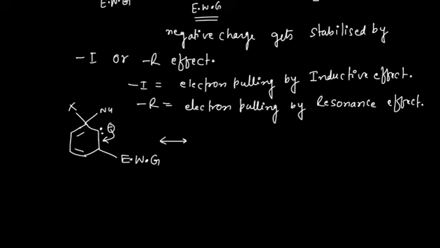Basically this bond should be here. So if I do this, we will have X, nucleophile. Here we will have a double bond, electron withdrawing group, and the negative charge is here. Another resonating structure we can write.